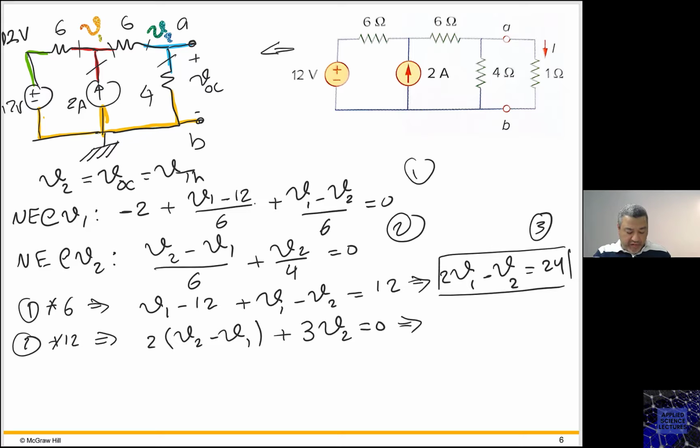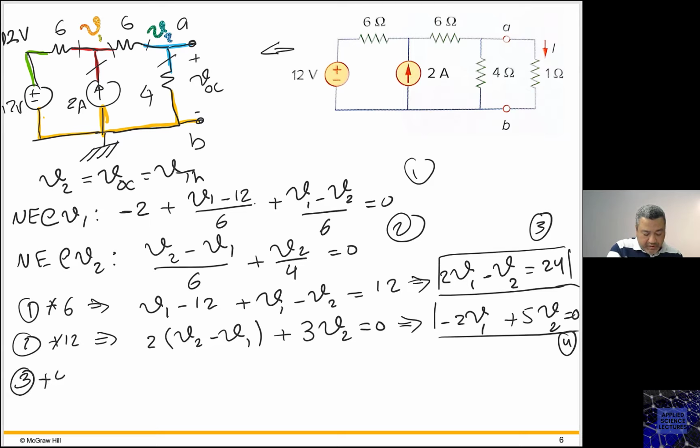Or rearranging, minus V1 plus 5V2 equals 0. So this is equation number 4. Now, if you add 3 and 4, as simple as this, so 3 plus 4. Go ahead, Matthias.